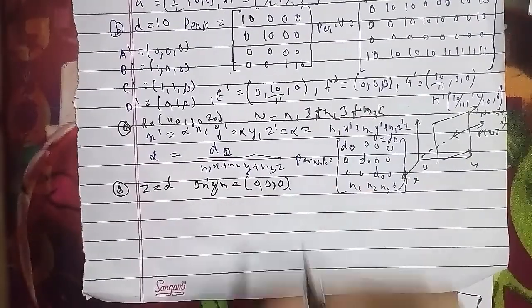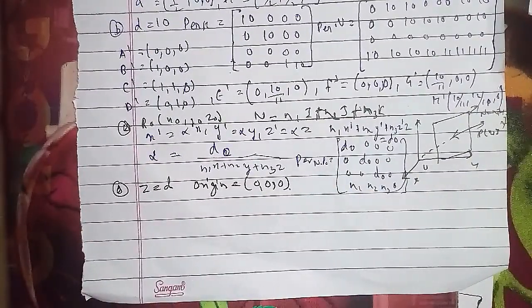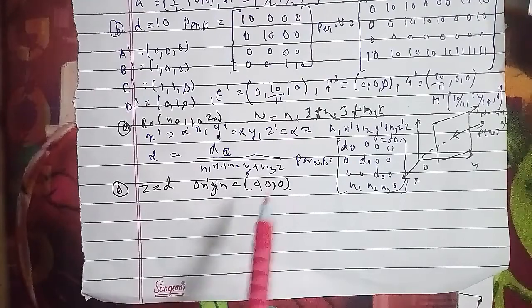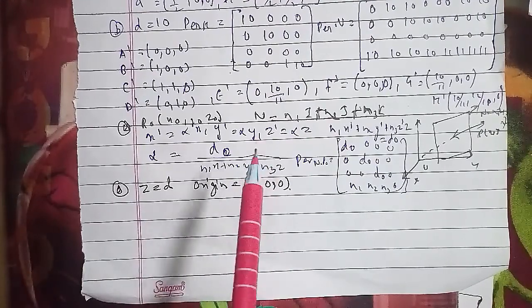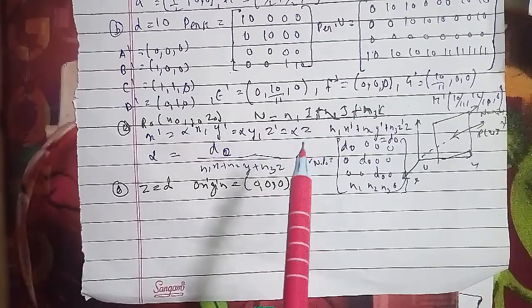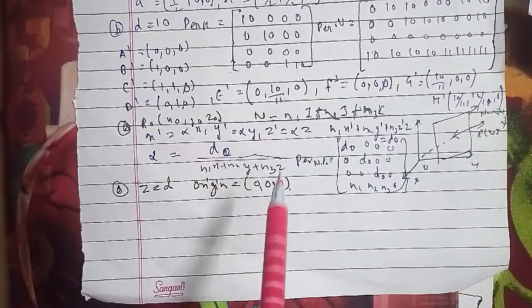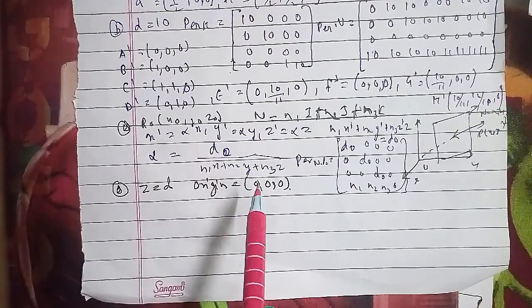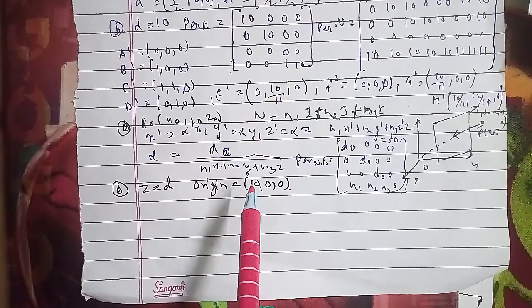Now in detail: the plane z equals d is parallel to the xy plane, and thus the view plane normal vector n is the same as the normal vector k to the xy plane, so n equals k. Select the reference point r0 as 0 comma 0 comma d.